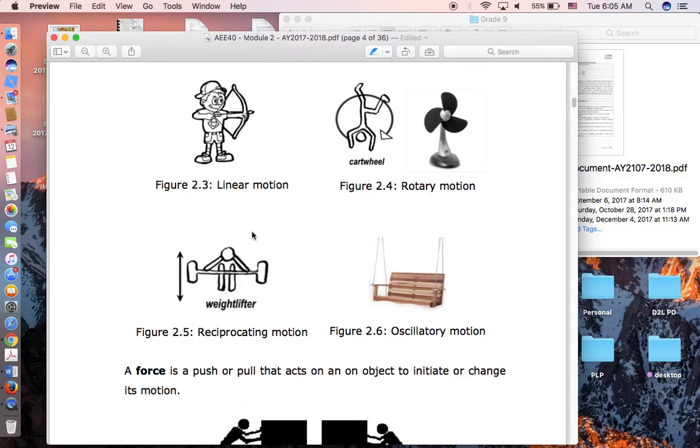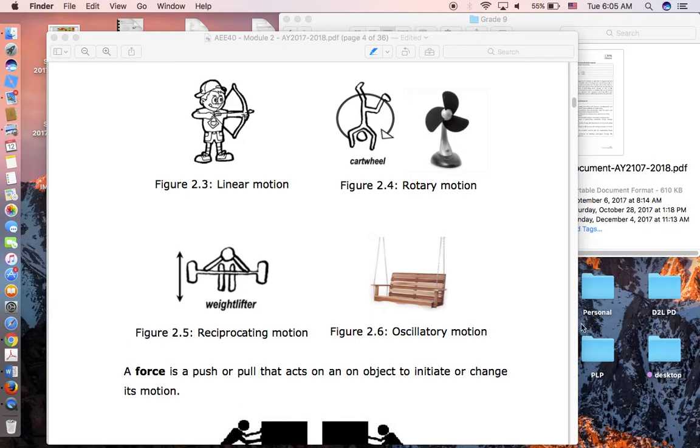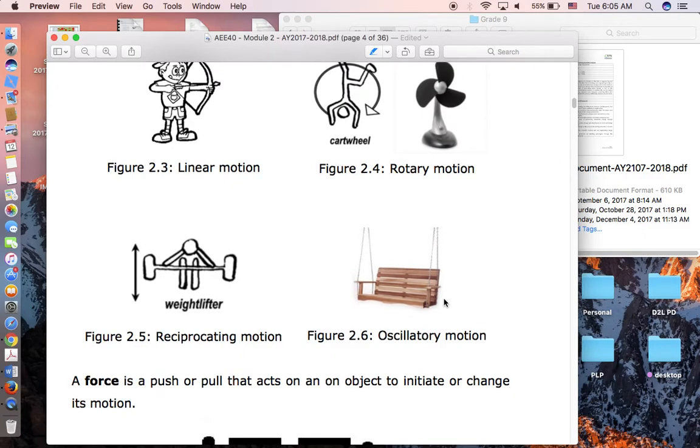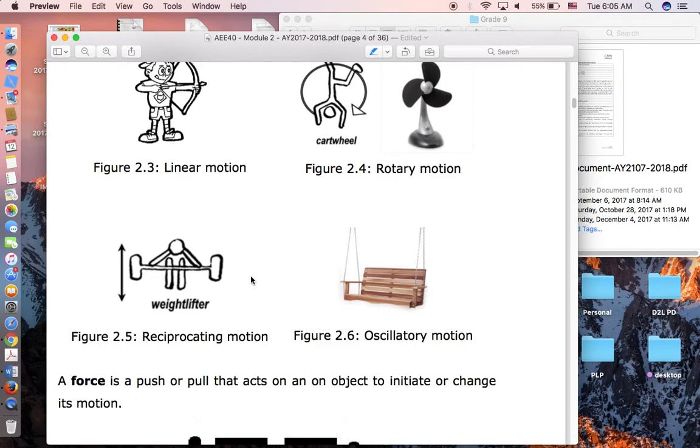Reciprocating movement: a weightlifter, up and down, or a saw to cut wood that goes side to side, so that is reciprocating too. Oscillatory could be a swing or the pendulum of a clock, anything that swings.